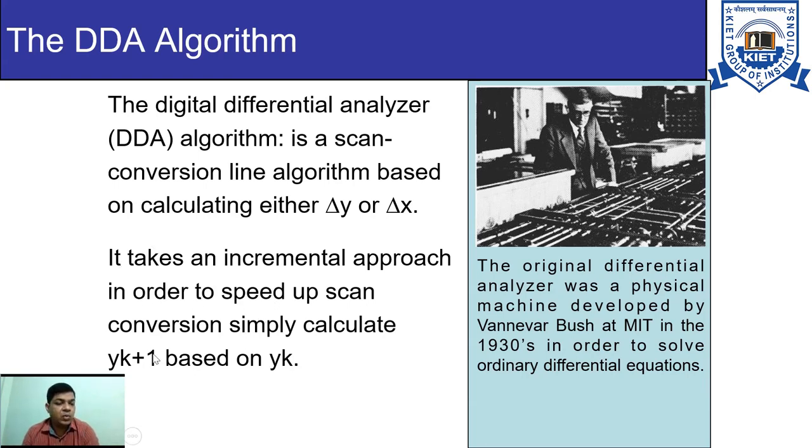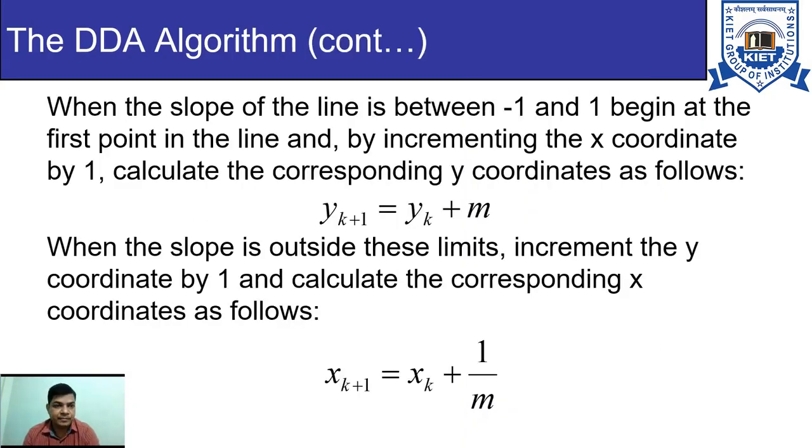Simply calculate yk plus 1 based on yk. We are incrementing either the value of y or the value of x. If I am incrementing the value of x, then I am approximating the value of y, and if I am incrementing the value of y, then I am approximating the value of x.